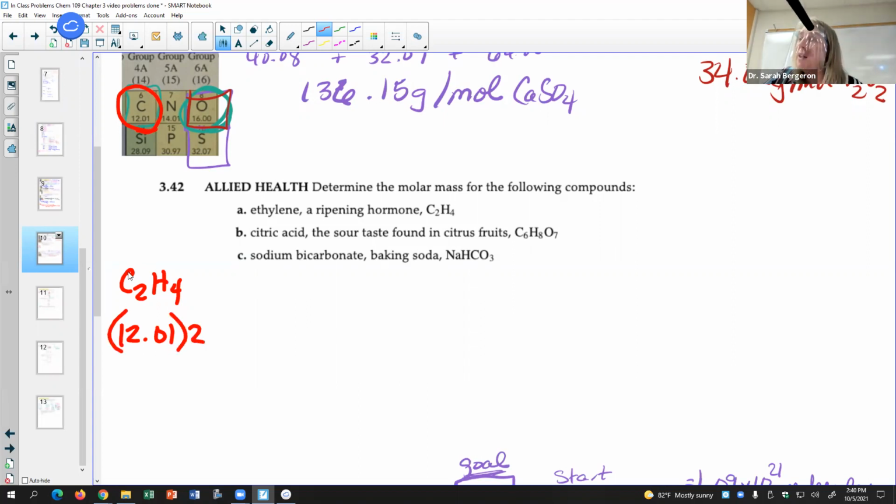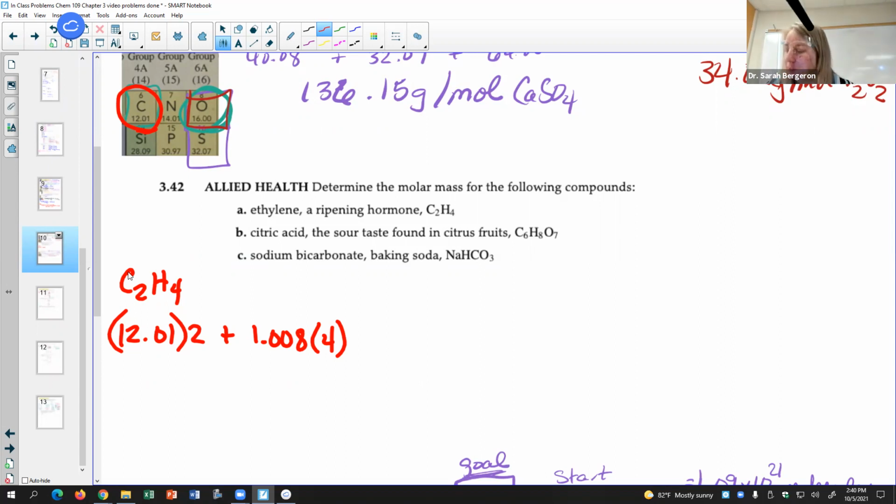Is that the only thing in my molecule? No, I have hydrogen. It's 1.008 or 1.01. It depends on what periodic table you're looking at. Doesn't really matter, it'll be multiple choice and you'll get close enough. And there are 4 atoms. So this all together will tell you the molar mass, or 1 mole of this compound will equal this many grams. So what do you get?